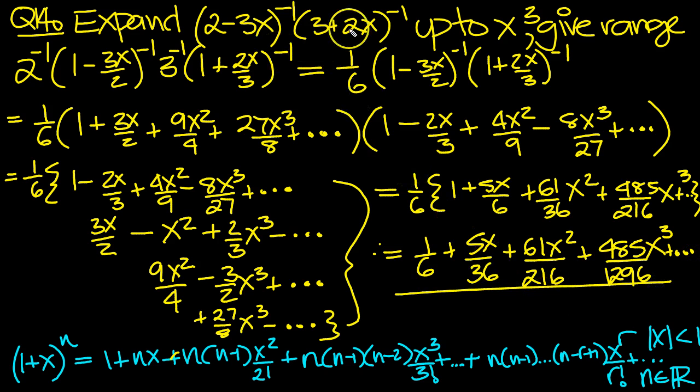What's the valid range? Well, this one would be more restrictive, wouldn't it? So let's consider that. So we've got the modulus of 3x over 2 here. When we expanded that series, well we expanded this series and this one. So which one would be the more restrictive? It would be this one, wouldn't it?